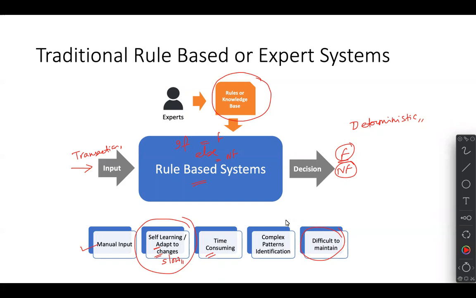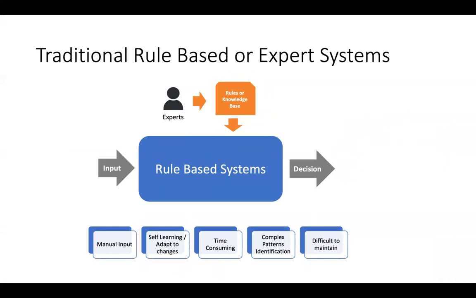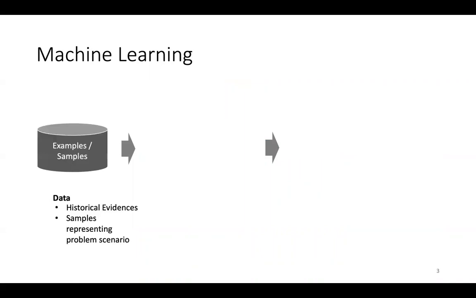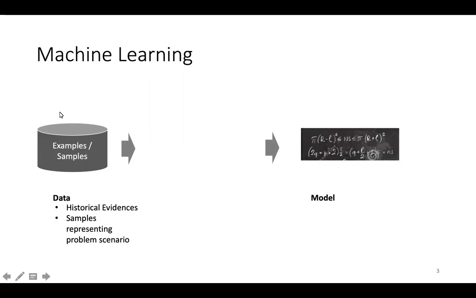So the alternative to this is of course your machine learning systems. In machine learning systems, you start with the data. You have historical evidences of what is a fraud and what is not a fraud. You collect those samples. So this would be the samples of both the classes, in terms of fraud detection.